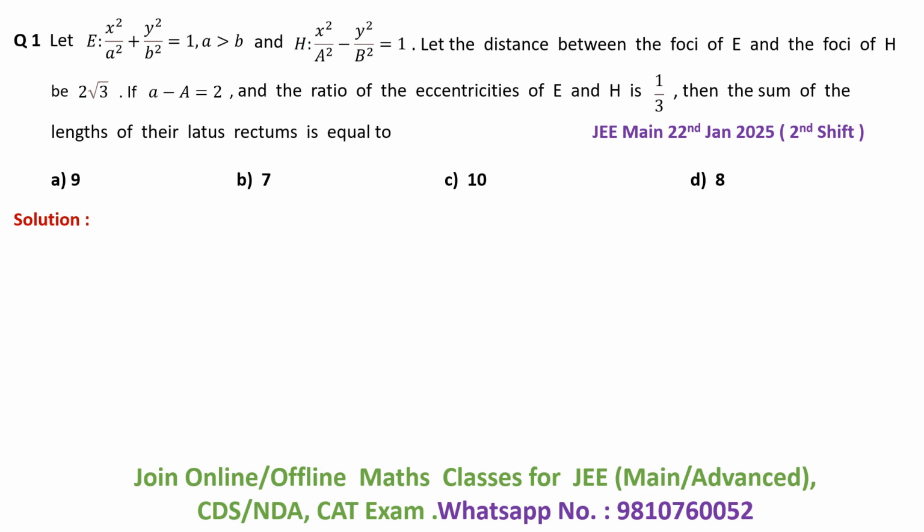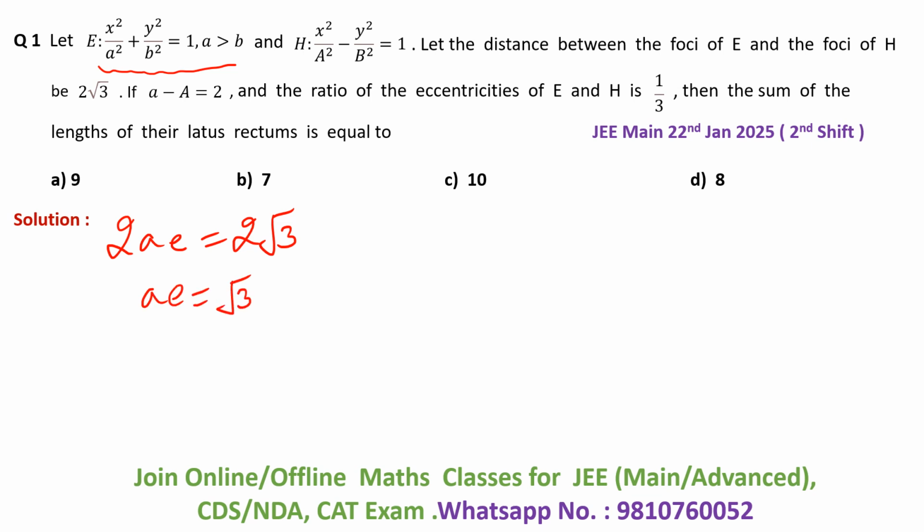Now students, you can clearly see it's a problem based on the basic concepts of ellipse and hyperbola. Since this is the ellipse where a is greater than b, it's a horizontal ellipse. And we have been given the distance between its foci as 2 root 3. So it means 2 into a into e is equal to 2 root 3, which means ae is equal to root 3.